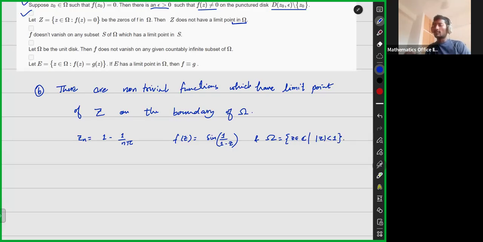So f is holomorphic inside omega. The problem, where it is not holomorphic, is exactly at the point z equal to 1. We are taking the open unit disc, which doesn't contain that point, so f is holomorphic there. And z_n converges to 1, and 1 belongs to the boundary of omega, right? But it is a non-trivial, non-zero holomorphic function.